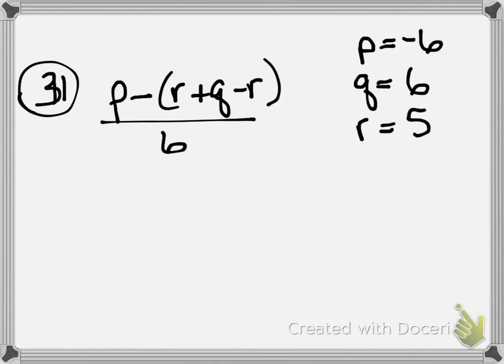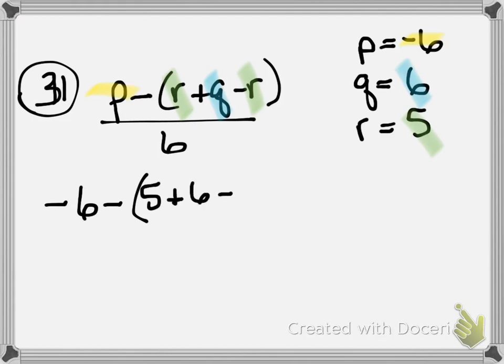The P is going to become a negative 6 every time it occurs. If there were more than one P in there, you would put a negative 6 in place of all of them. The Q is a 6. Same with the Q. If there's more than one, replace it every time. And both of those R's will turn into a 5. So that's going to leave us with negative 6 minus 5 plus 6 minus 5. The negative sign was already there, so it'll carry right through, all over 6.